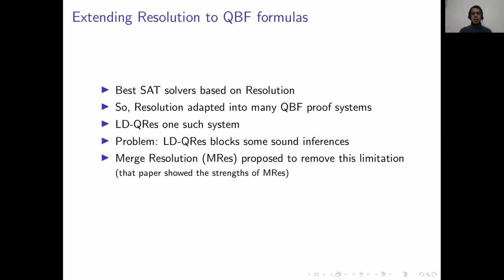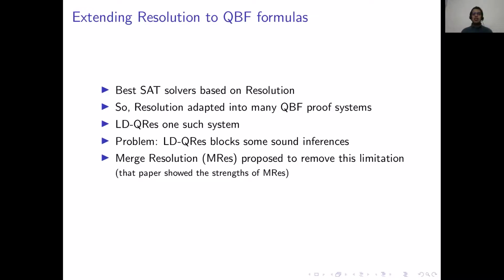The paper that introduced MRES showed some strengths of MRES. What it showed is that there are some formulas which require exponential size proofs in other QBF proof systems but have short, polynomial size proofs in MRES.